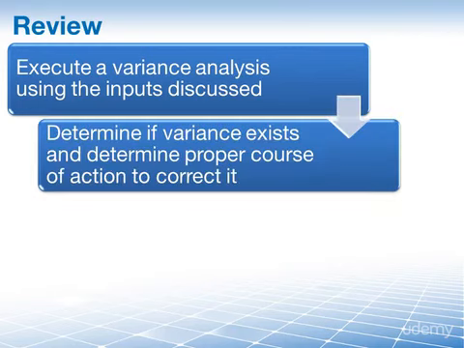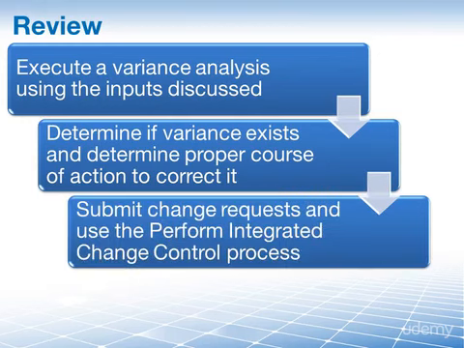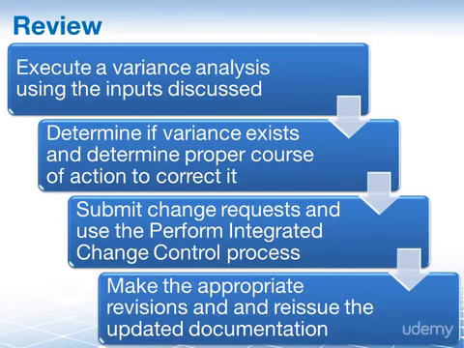Then we determine if a variance exists and what the proper course of action should be to correct it. Next, we submit change requests and use the perform integrated change control process to approve and implement these changes. And finally, we make the appropriate changes and revisions to baselines and additional project documents and reissue the newly modified documentation.